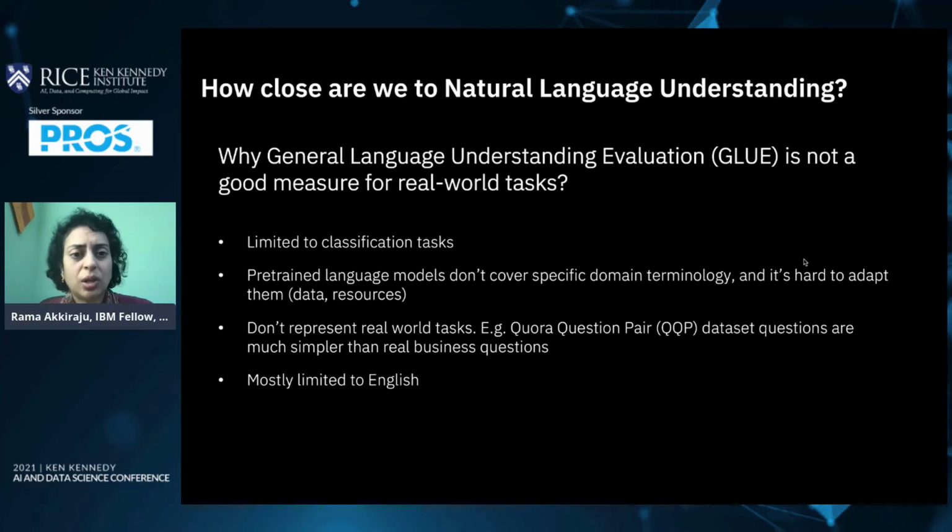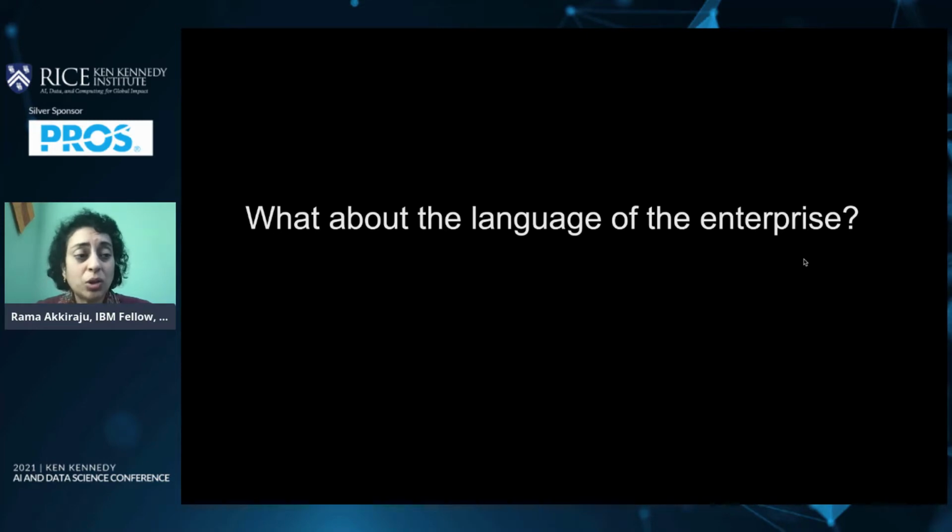These are really general understanding of spoken English or maybe written English. And they don't represent real-world tasks. So I would say we are at some level, very simple, small, maybe toy problem level. We're making progress, but we still have a long way to go in understanding human language, just in one language alone.